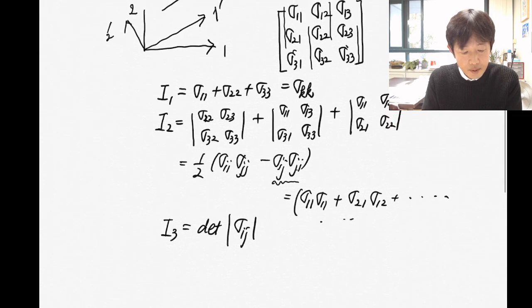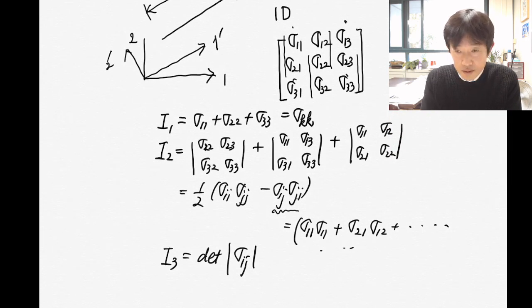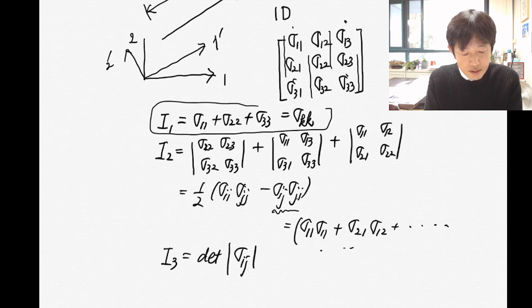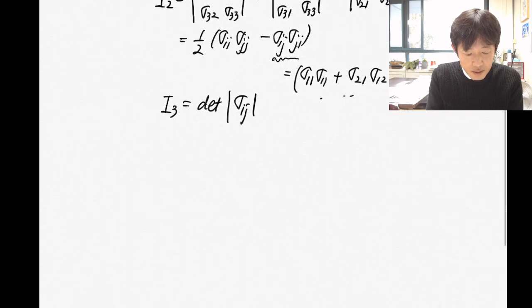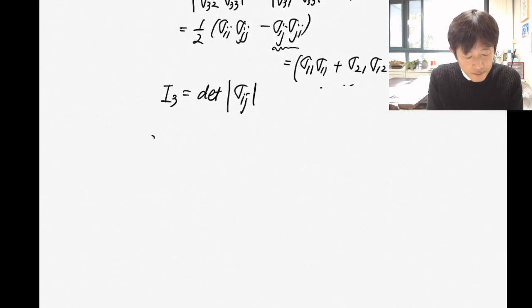Here, let's consider the physical meaning of the invariant. The first invariant represents the sum over the diagonal terms, which means 3 times the hydrostatic pressure of the stress condition. We can define the same invariant for the stress deviator. So let's define a stress deviator: sigma prime ij is sigma ij minus the magnitude of the hydrostatic pressure, sigma v.